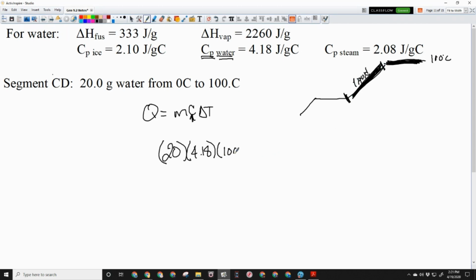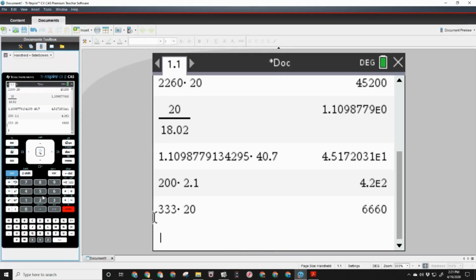So that's 100 degrees Celsius temperature change. All right, so we just have 20 times 4.18 times 100.